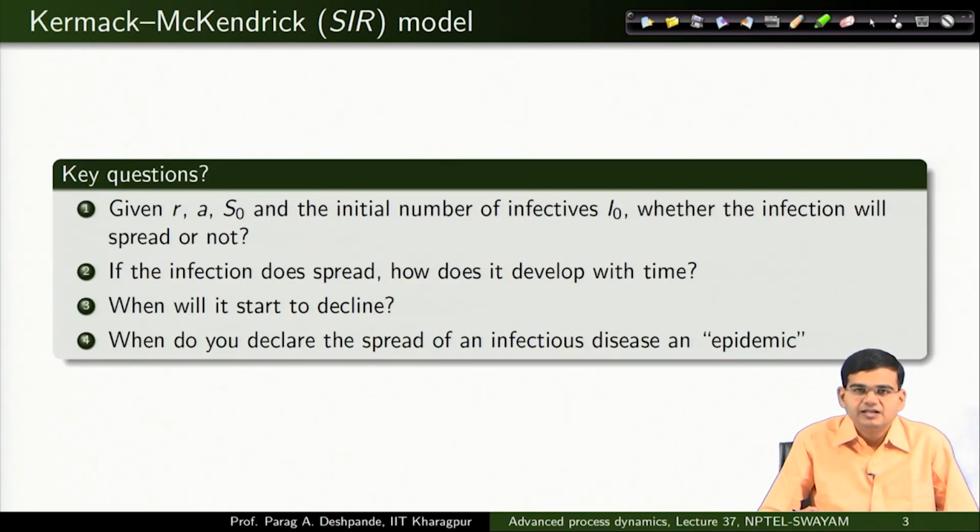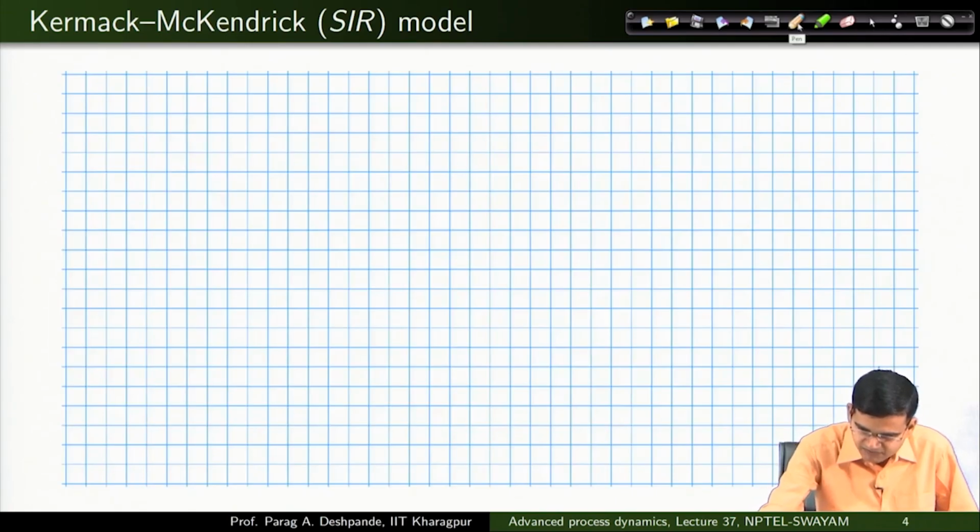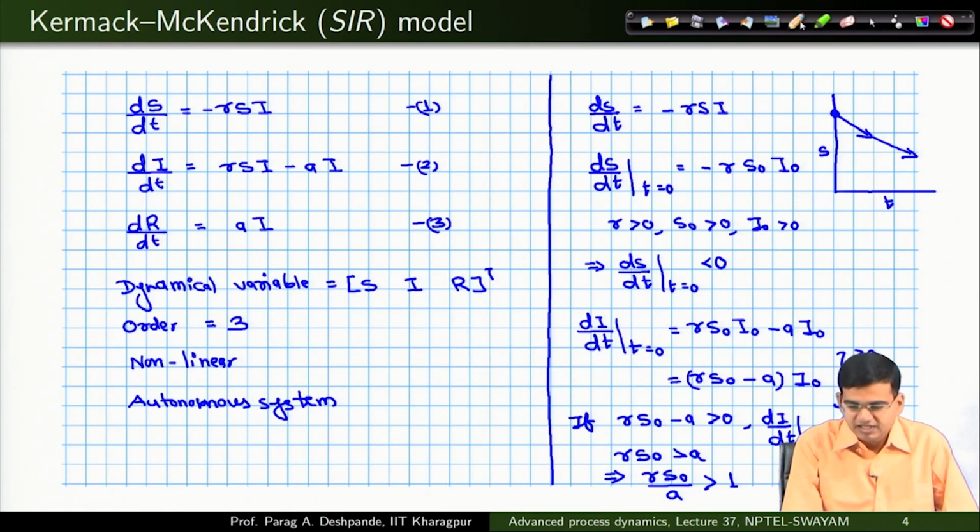But now we would also like to know the exact details of the dynamics and what would be the maximum number of infectives that one can expect during the pandemic and so on, and if these predictions can be made during the early stages of your infection, so that one can in principle be prepared to face the pandemic using various preventive measures. So, we had various questions in front of us. Let us try to answer some of them using this dynamical analysis.